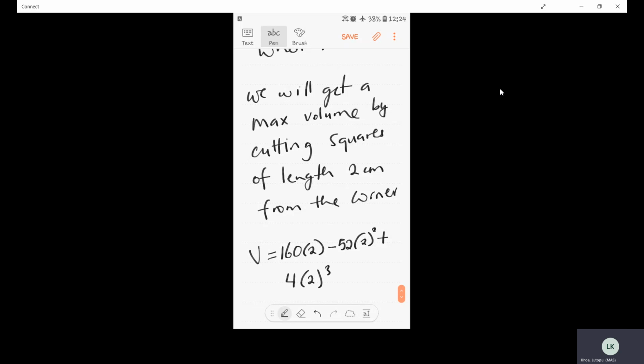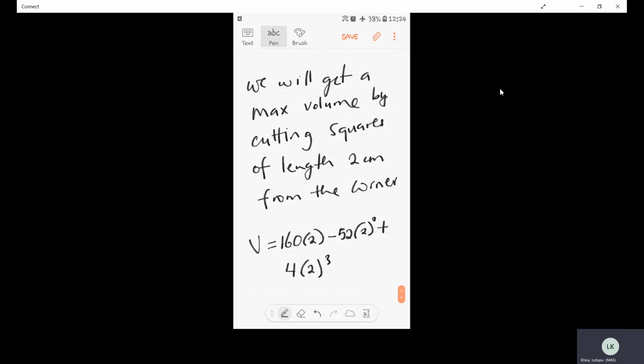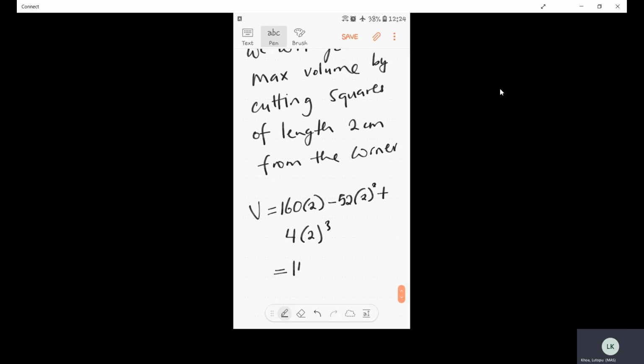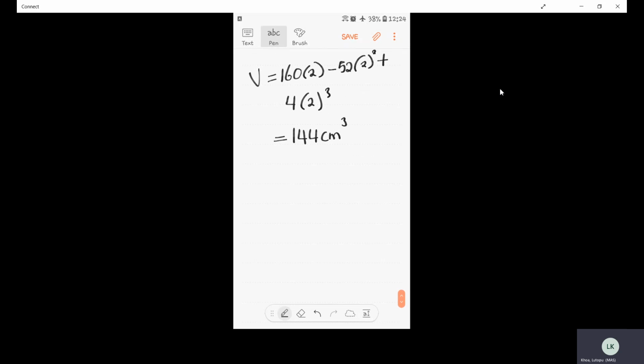So this one you do on your calculator. Okay, and then you would get 144 centimeters cubed.